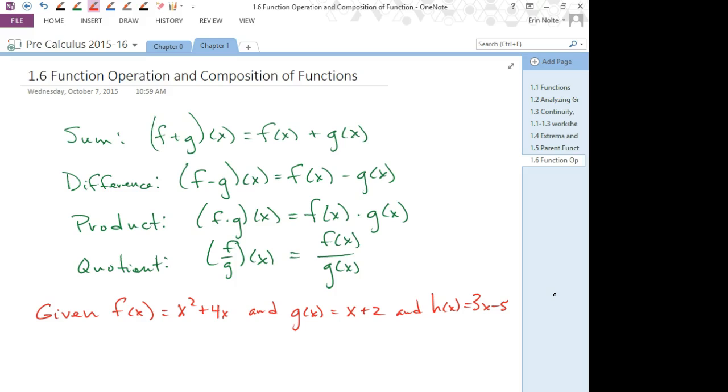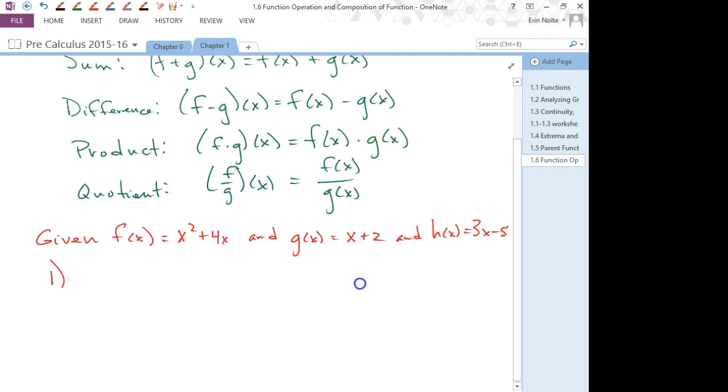I have f of x, g of x, and h of x. Okay, let's do f plus g of x. Okay, so if I had those two functions, what would you do?